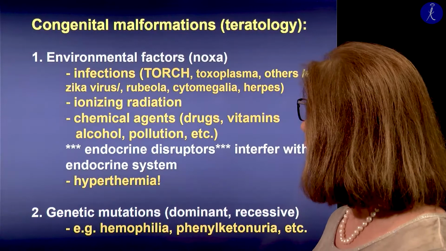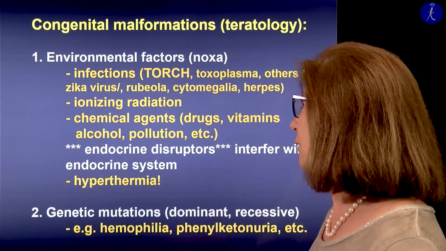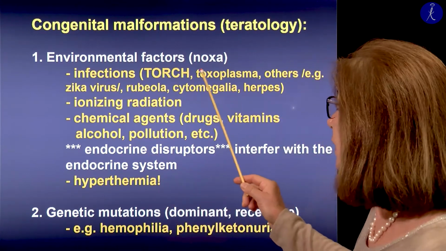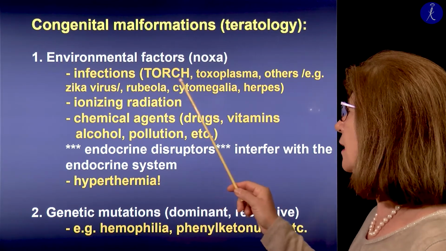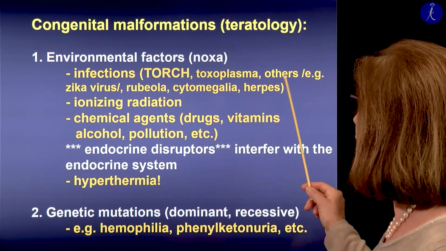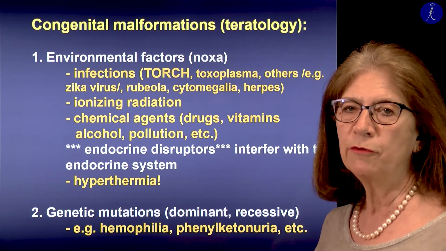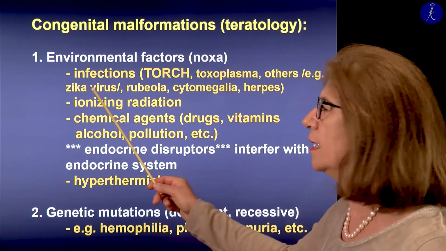What are these environmental factors? It may be infections. For this, we have the abbreviation TORCH. The T stands for Toxoplasma infection. Many other viruses may produce a malformation. From these others, it's worth mentioning now the Zika virus.